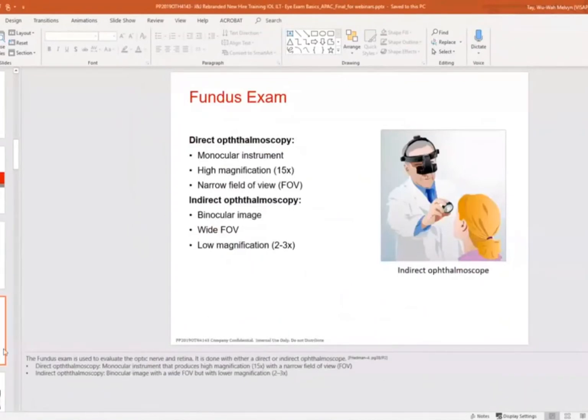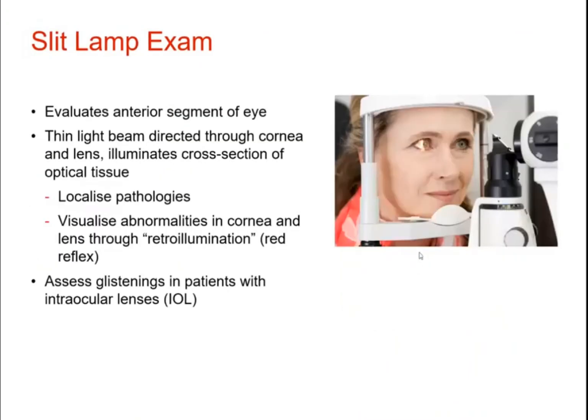Okay, sorry for moving back to VA, because I think there were some things I missed out. Okay, so slit lamp exam. The slit lamp exam is more to get an idea about the eye health based on the anterior segment. So from the cornea all the way through to the lens, they are able to get an examination.